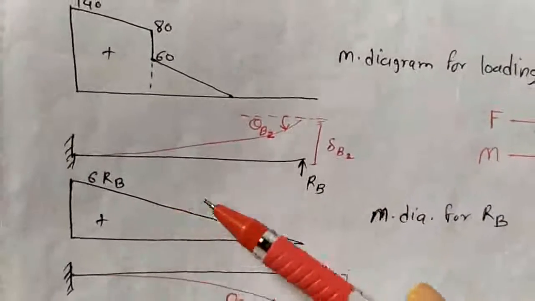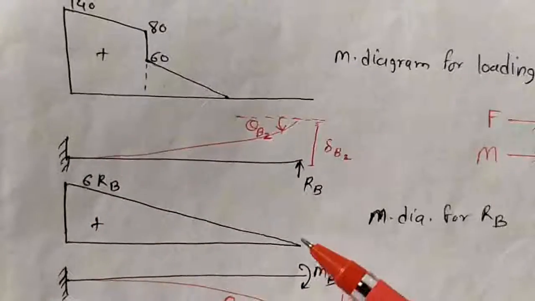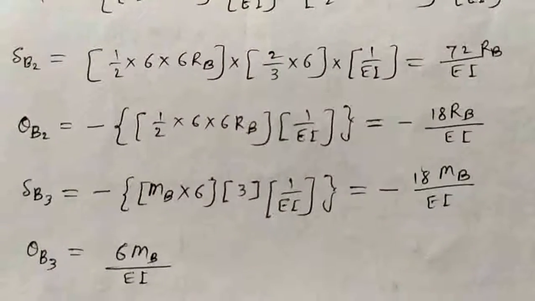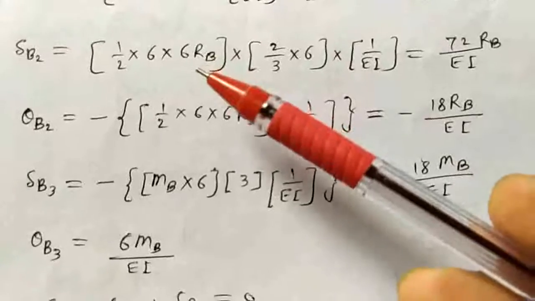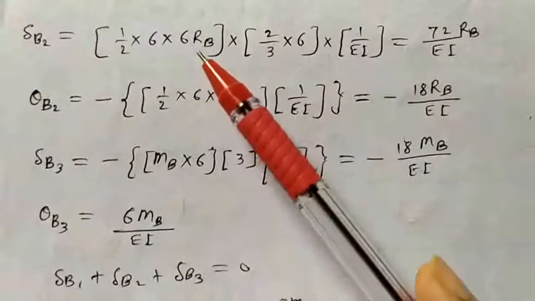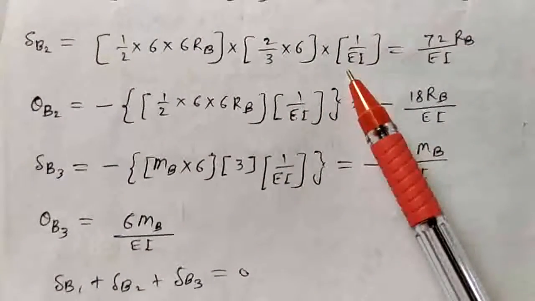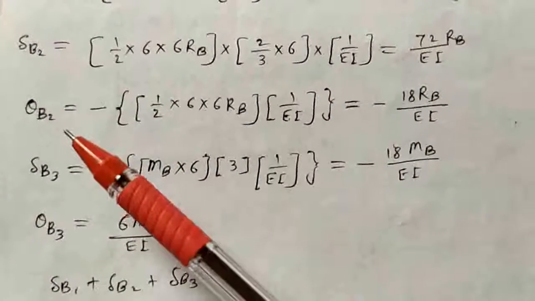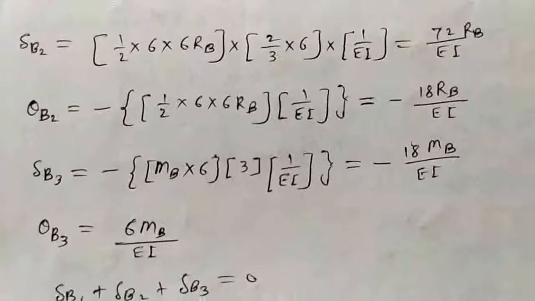So you just have to take the moment of this area about point B. Again, while writing delta, you have to write three brackets: area, centroid distance, EI variation, and delta B2 is positive, so we are getting this answer. Again, while writing theta B2, you can write it directly.